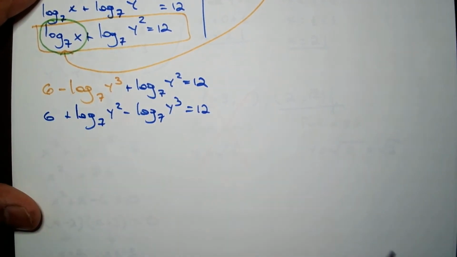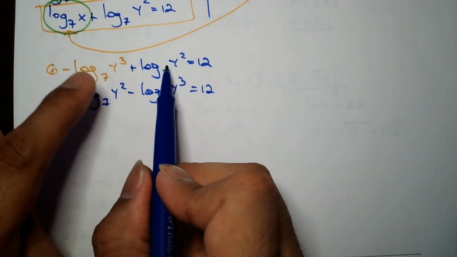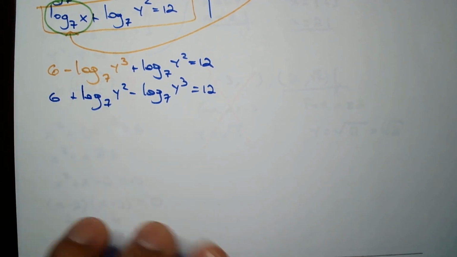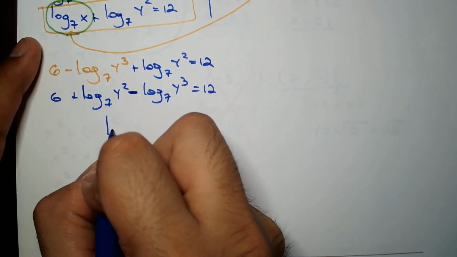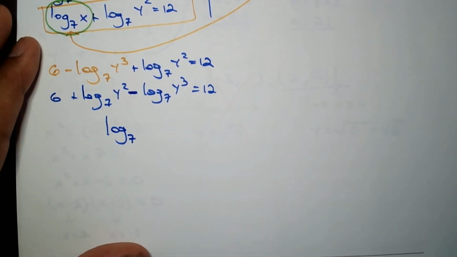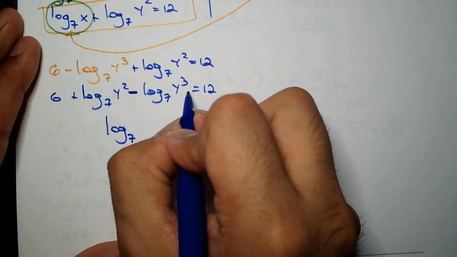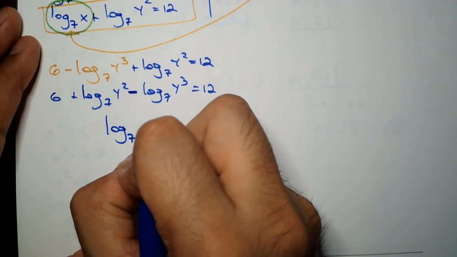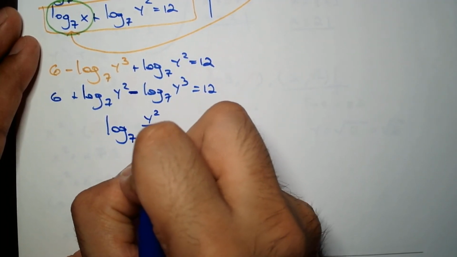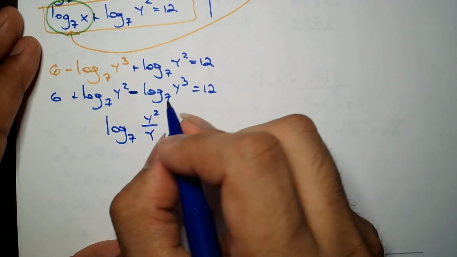I really didn't do anything interesting other than reversing the order of these terms, so we can easily see the quotient rule going on. So log base 7 of y squared minus log base 7 of y cubed, that becomes y squared over y cubed.